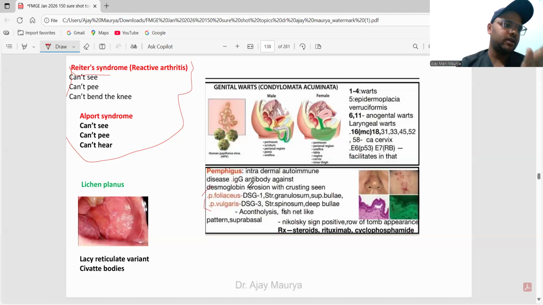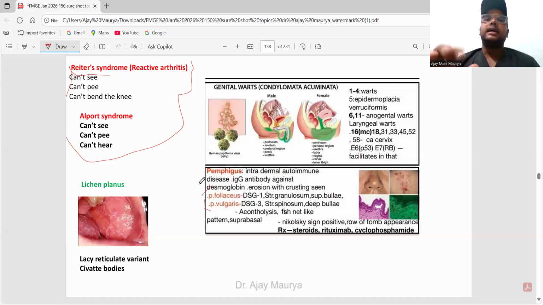Pemphigus vulgaris is the most common form.